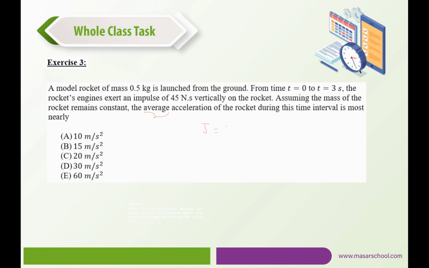We can set J given by F multiplied by delta T, and we know that the force is given by M multiplied by A, so J is given by M multiplied by A multiplied by delta T. We're interested in A. Then A in this case is given by J divided by M multiplied by delta T. J, the impulse, is 45, the mass is 0.5. Delta T, which is the duration, is 3 minus 0, that would be 3 seconds. Plugging this expression into the calculator, we're going to find that the acceleration is 30 meters per second squared, which makes T the correct answer.